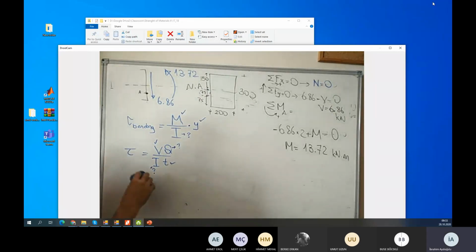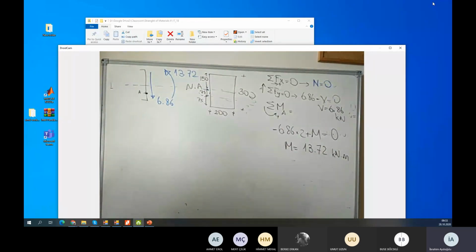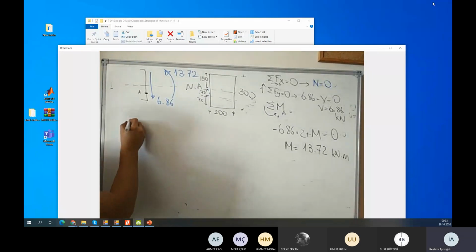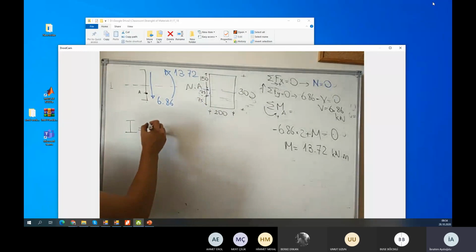For now I need to raise this part and calculate the moment of inertia. What is the moment of inertia of a rectangular cross section? Anyway, I assume you know.